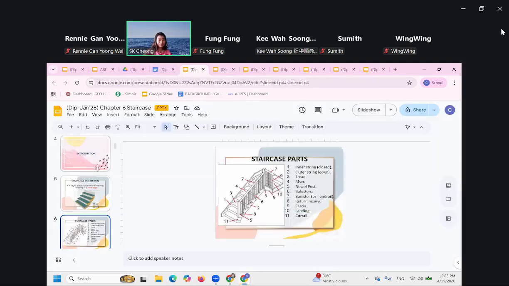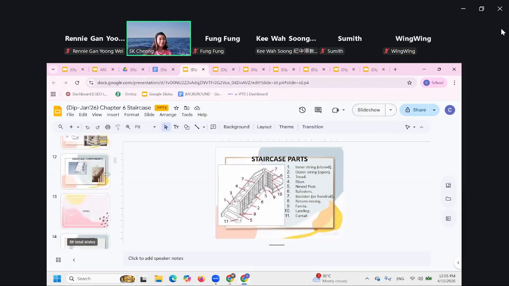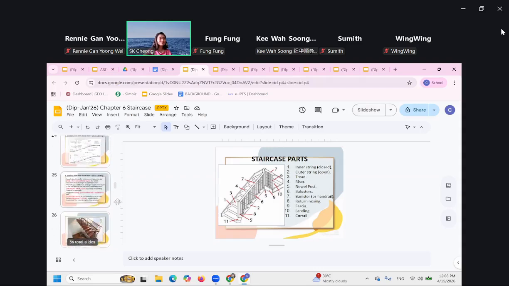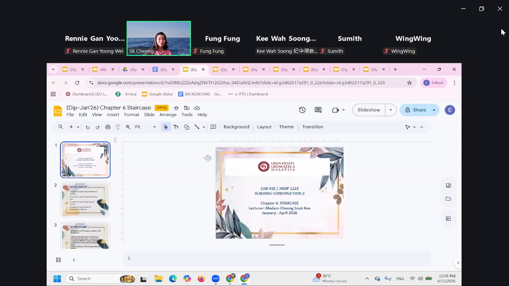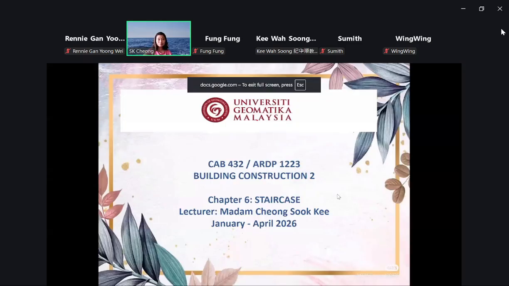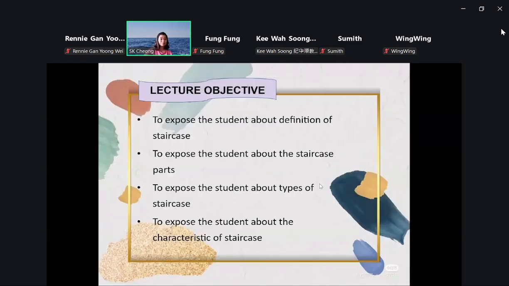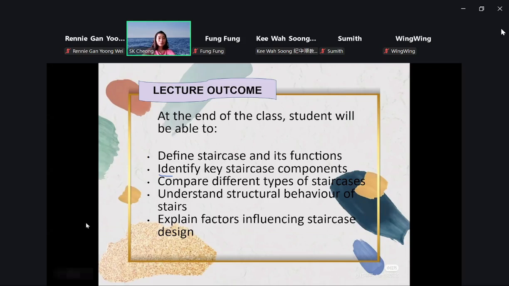Staircase. Again, staircase. What do we have? Some definition of the staircase. As we have mentioned here, the parts of it, the names of the treads, risers. So you will need to define and identify the components.